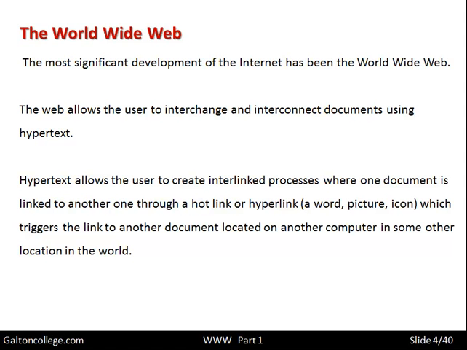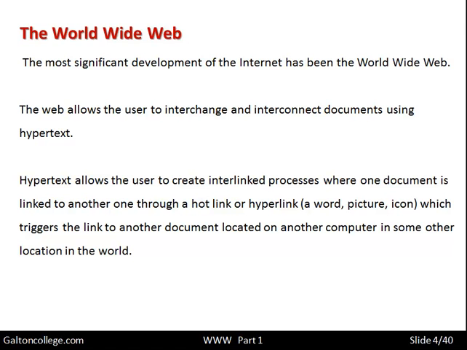So this idea of hyperlinking is extremely important, because now documents can be linked together, and these documents can be separated by the world. One could be on the other side of the world, but the two documents are linked. And clicking on the link brings up the second document.